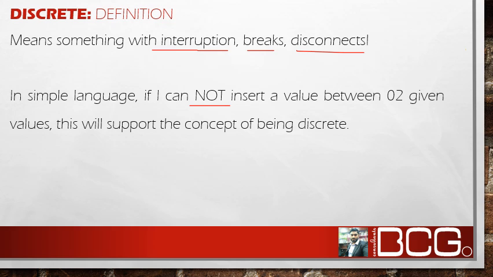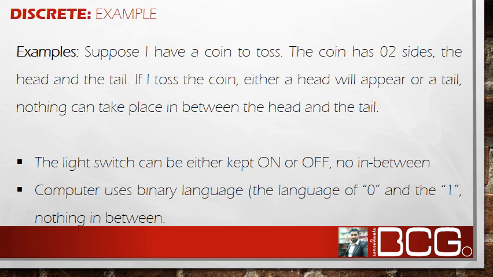Let us have a look at an example for this one as well. Suppose we have a coin to toss, and it is very obvious that if I toss it, it will result in either a head or a tail, right?